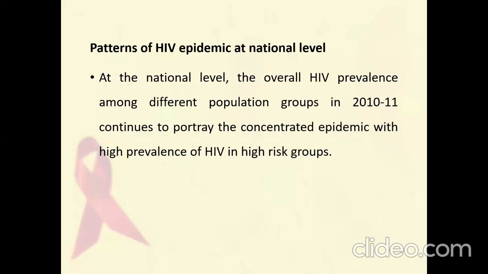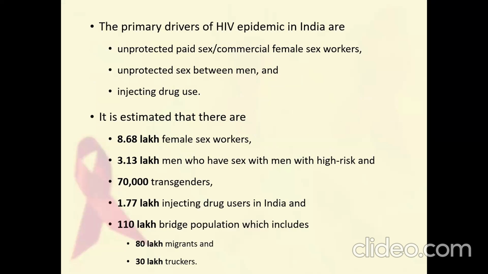Then patterns of HIV epidemic at national levels. At the national level, the overall HIV prevalence among different population groups in 2010 to 11 continues to portray the concentrated epidemic with high prevalence of HIV in high risk groups. Then the primary drivers of HIV epidemic in India are unprotected paid sex or commercial female sex workers, unprotected sex between men, and injecting drug use.